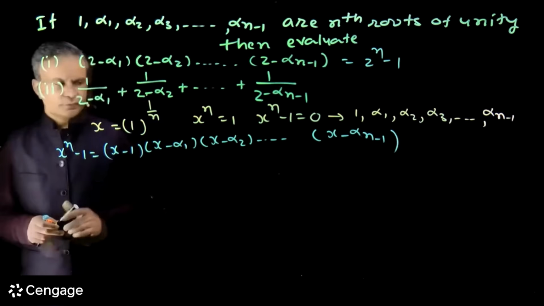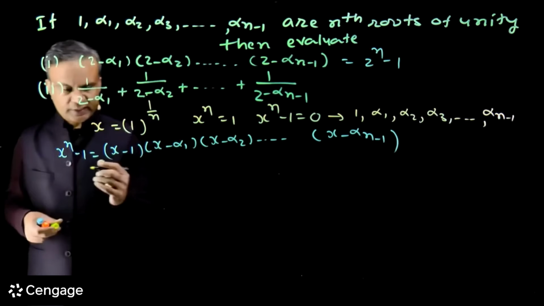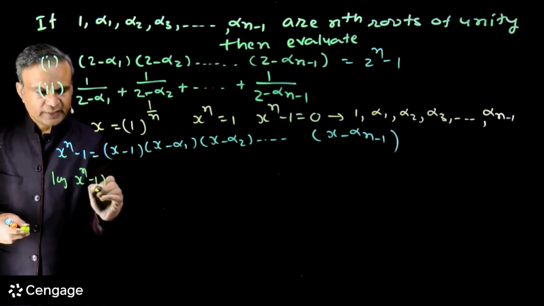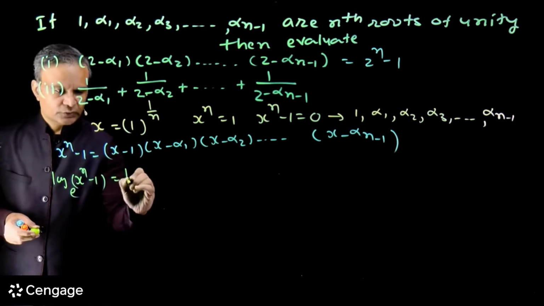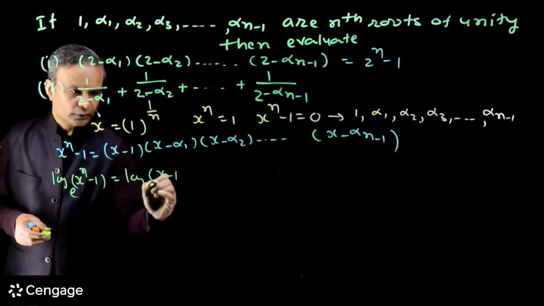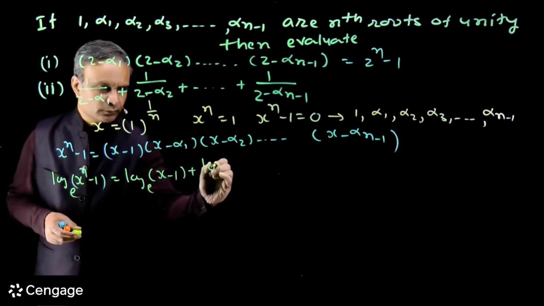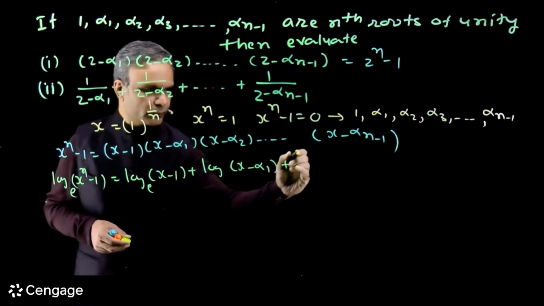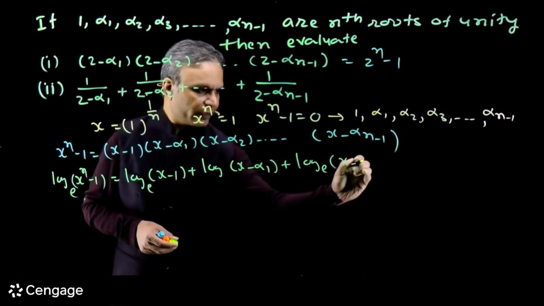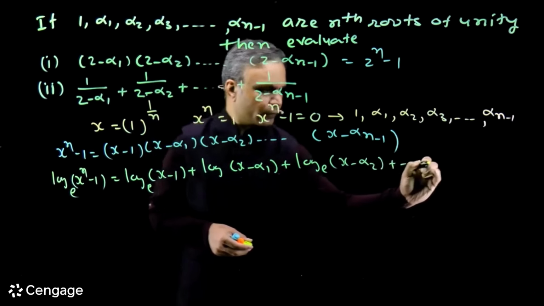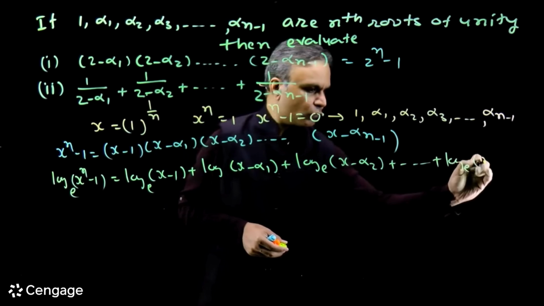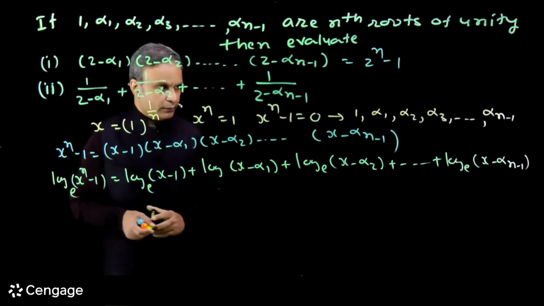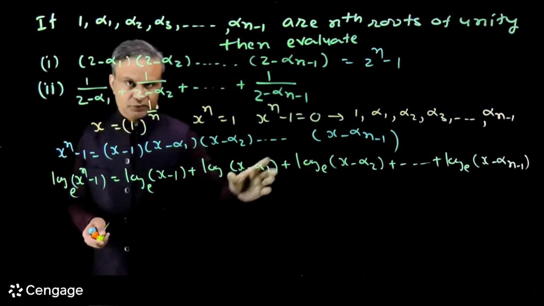Okay, so by taking logarithm on both sides, we get log of (x power n minus 1) is equal to log of (x minus 1) plus log of (x minus alpha 1) plus log of (x minus alpha 2) up to log of (x minus alpha n minus 1). Okay, next we differentiate both sides with respect to x.